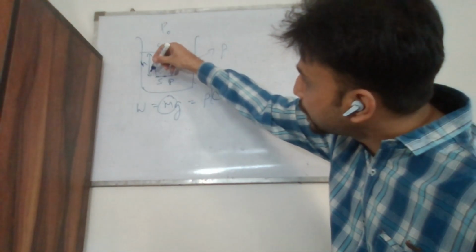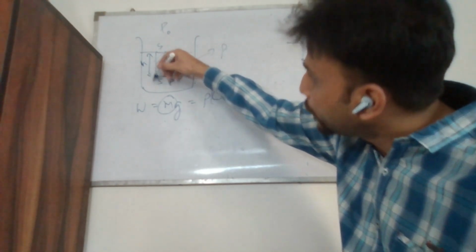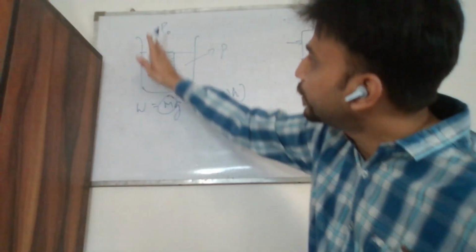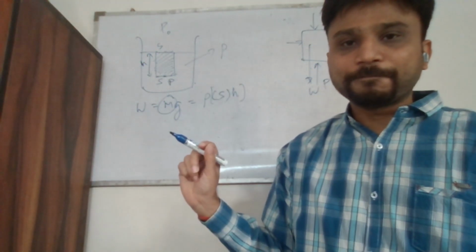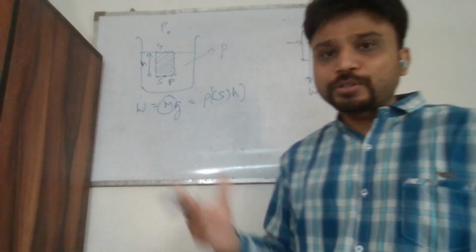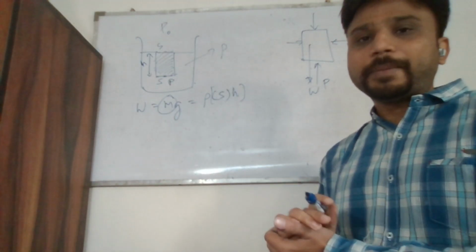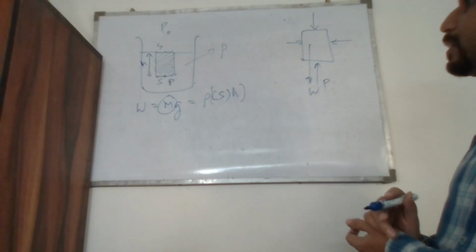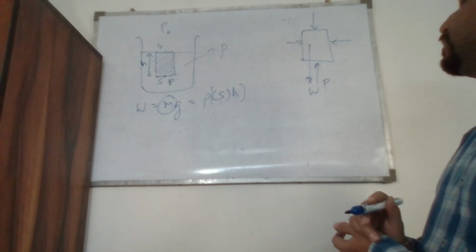That is, the particles beneath this selected volume are exerting a force in the vertical direction on the selected container, because of which its weight is balanced. So this pressure P is what we want to find.